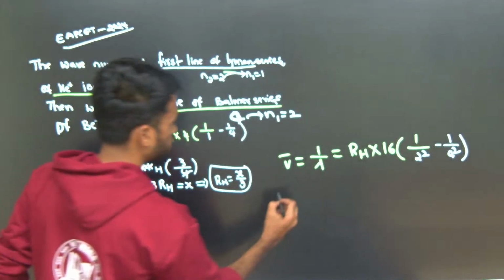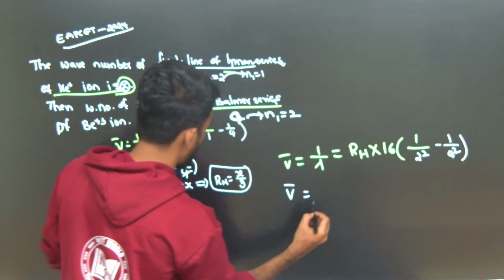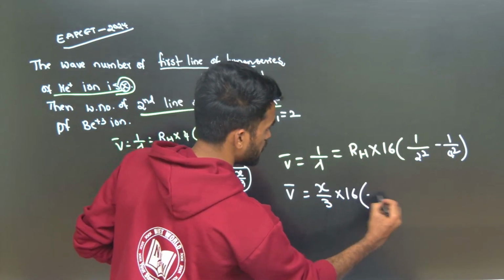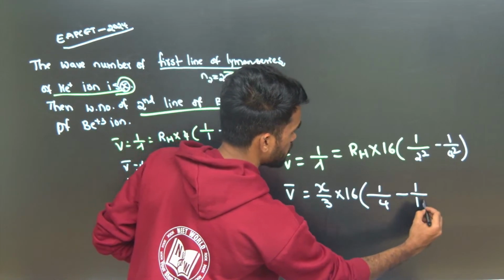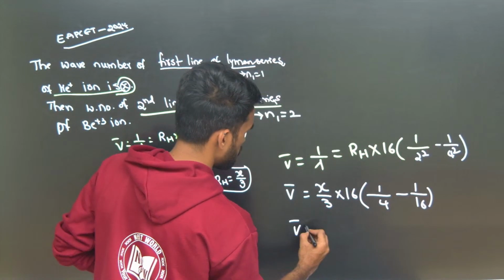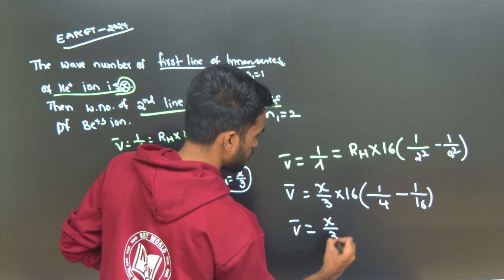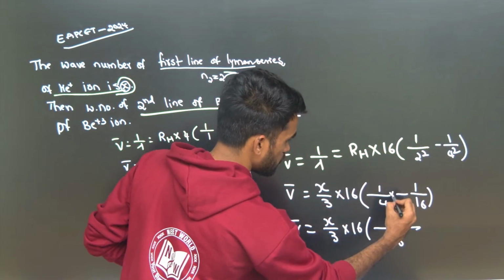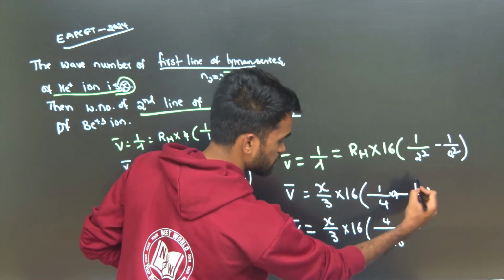By simplifying, nu bar equals RH, which is X by 3, into 16, into 1 by 4 minus 1 by 16. Taking the LCM as 16, in the 4 table we get 16 at 4 times, so I write 4 minus 1, that is 3.